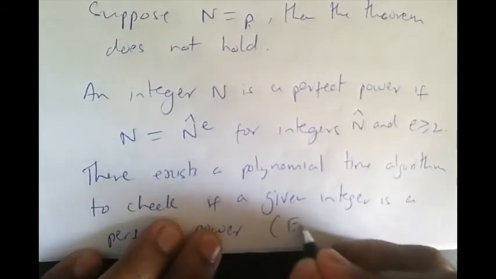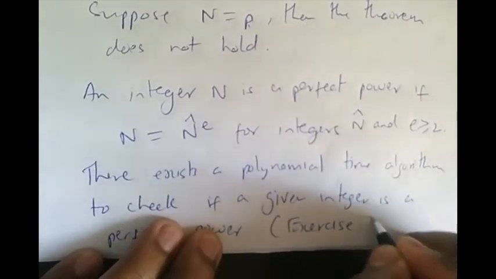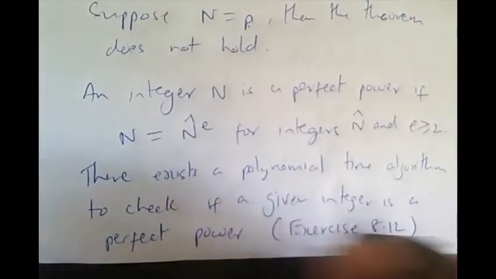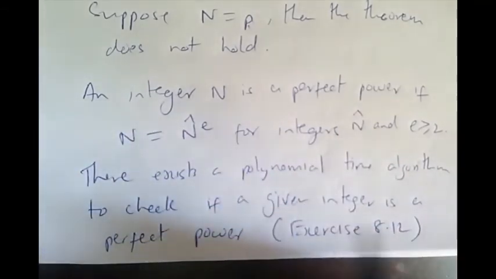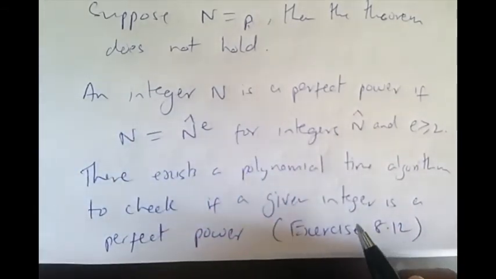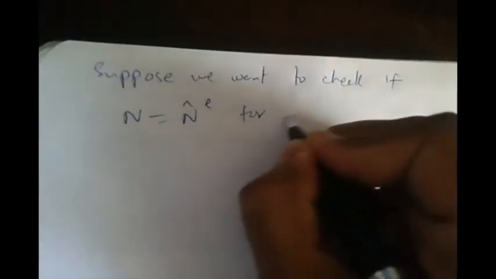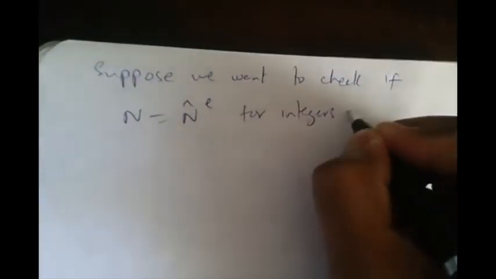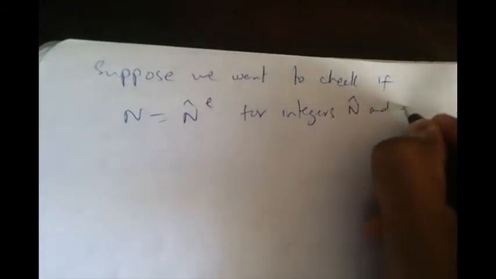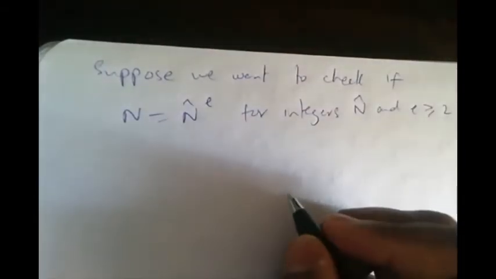The algorithm is outlined in exercise 8.12 in Katz and Lindell, but I will just give some intuition of how it works. Suppose we want to check if n is some n hat raised to e for integers n hat and e greater than or equal to 2.